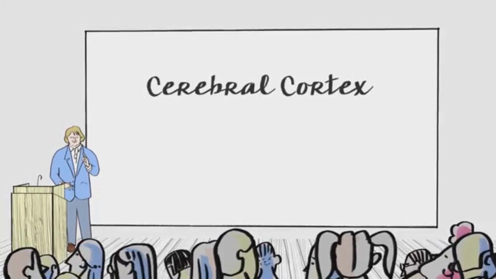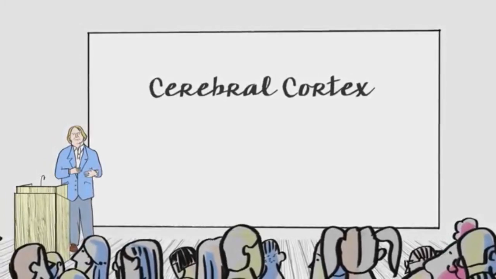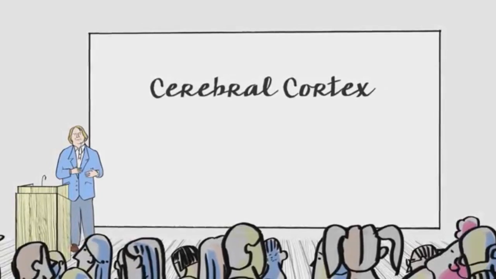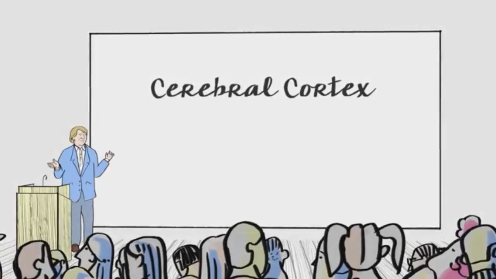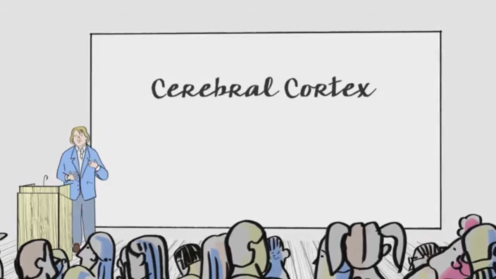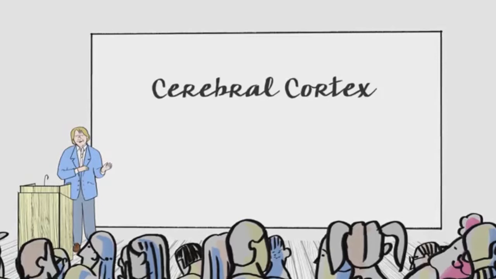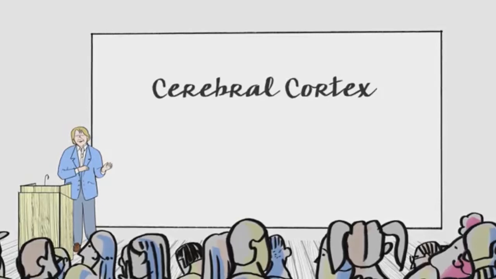We can also look at so-called natural experiments, where people have tumors or strokes or motorcycle accidents that damage part of the brain, and we can ask what damage to which parts of the brain corresponds to damage to which functions. Through these different methods, we've learned about the different parts of the brain and what they do.